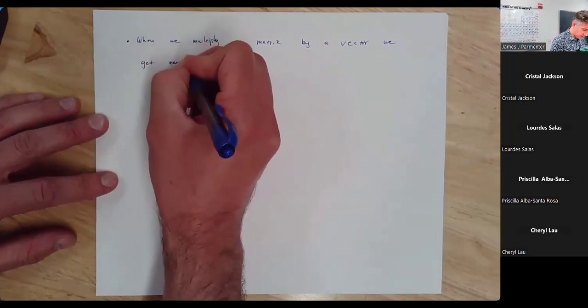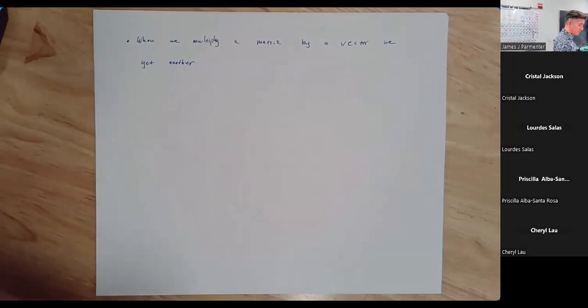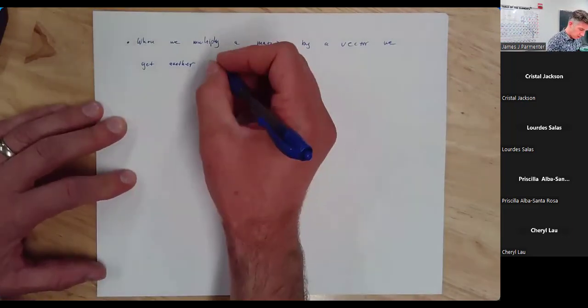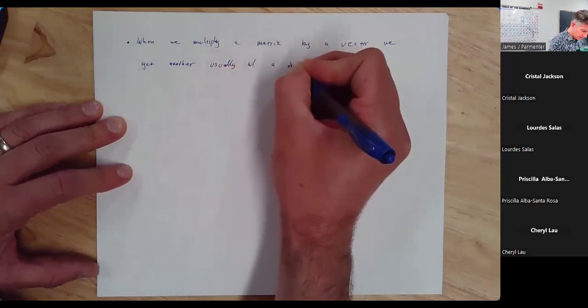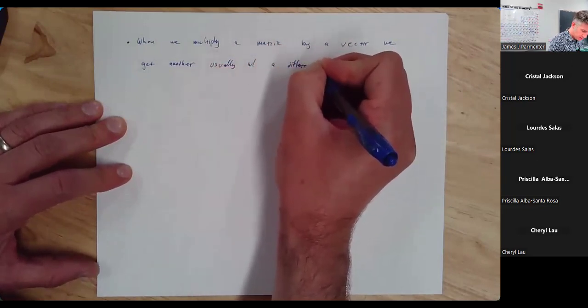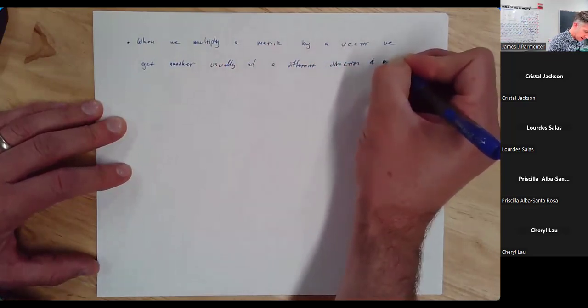I'm specifically thinking of a 2 by 2 matrix multiplied by a 2 by 1 vector, but it's true for larger things as well. Usually with a different direction and magnitude.